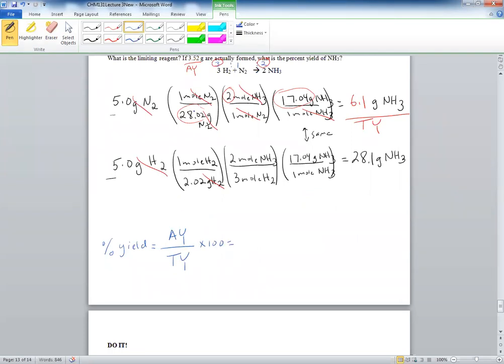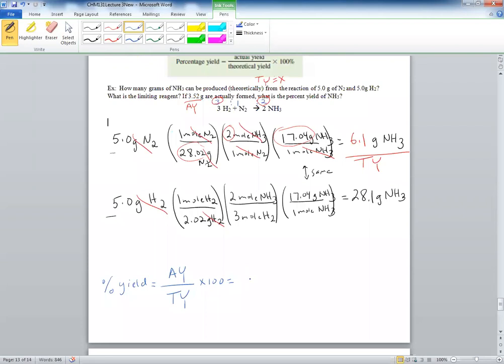The actual yield was given to us. It was 3.52 grams. This is always given to you. Divided by 6.1 times 100. Which is to two significant figures, 58%.